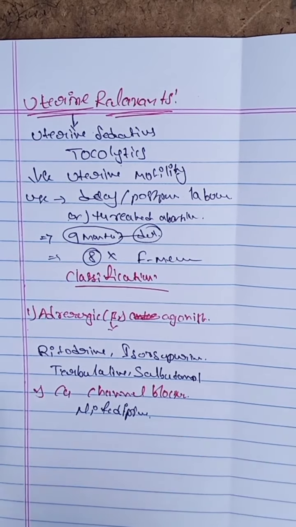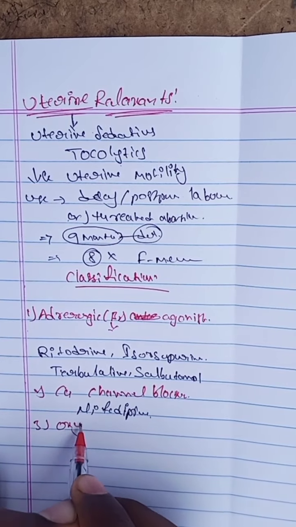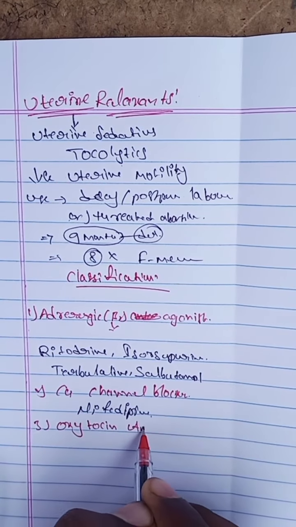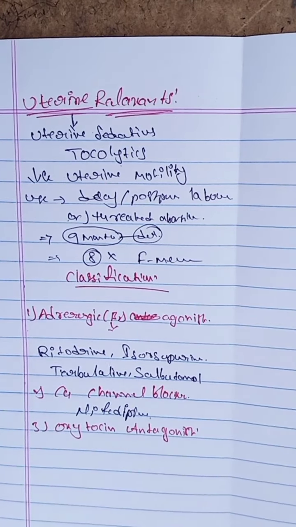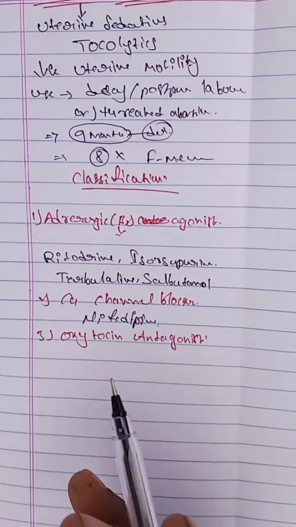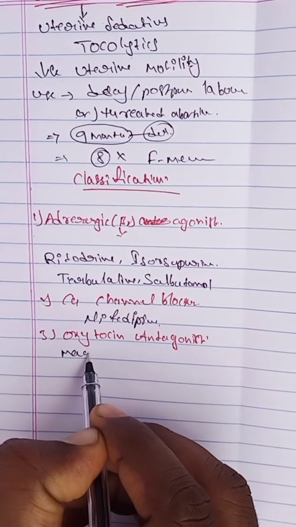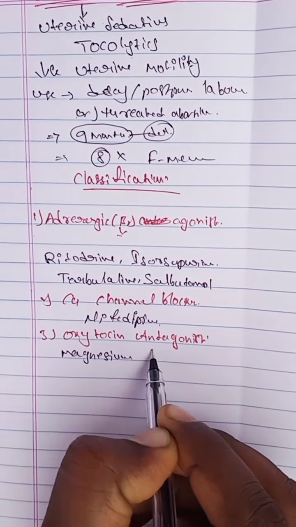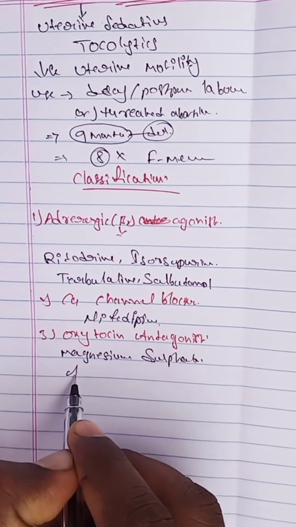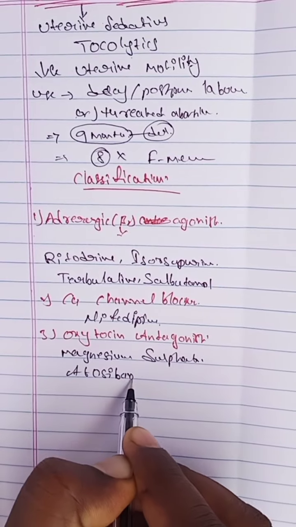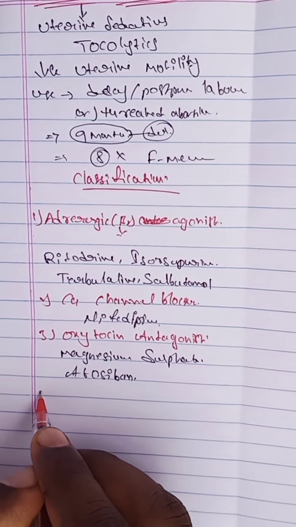And the next one, oxytocin antagonists. What are the oxytocin antagonist drugs? Magnesium sulfate and atosiban. These drugs we are using.